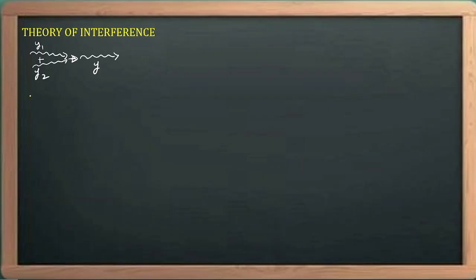Let's consider y1 is the wave which is merging with y2. Let us consider, for an instant of time, y1 is equal to a sin omega t. You can take cos omega t also, it's up to you, but here I will take sin omega t, and y2 is b sin omega t plus phi. Let's consider some phase difference phi or delta phi.